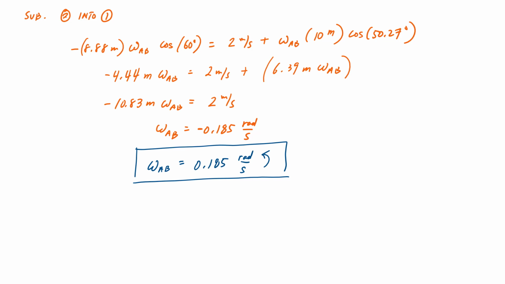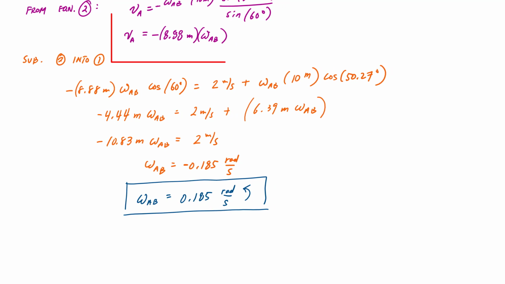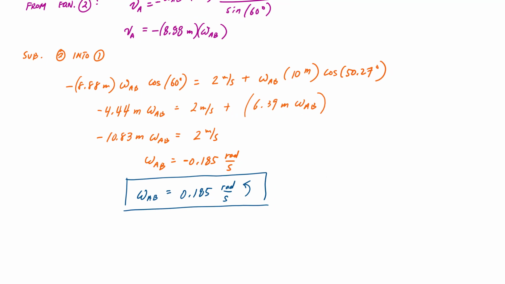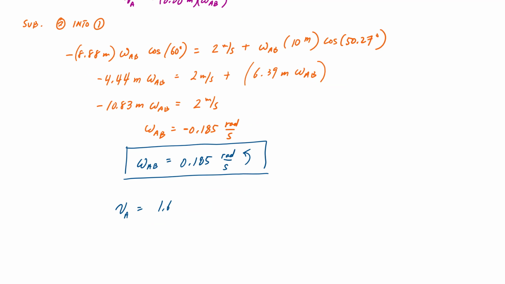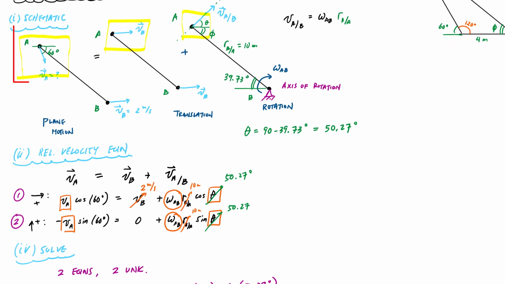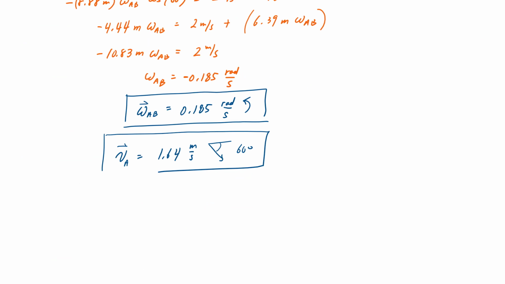Plugging back into equation 2, I get the velocity of A is 1.64 meters per second. A positive result indicates that my initial guess of VA downwards is correct. So that's how you solve this using the relative velocity approach.